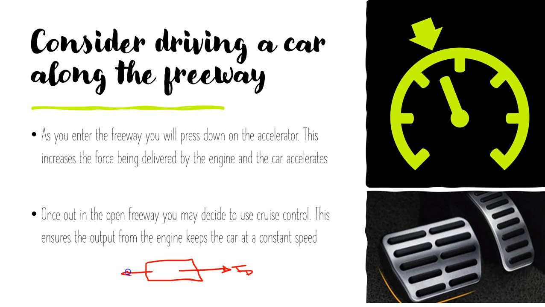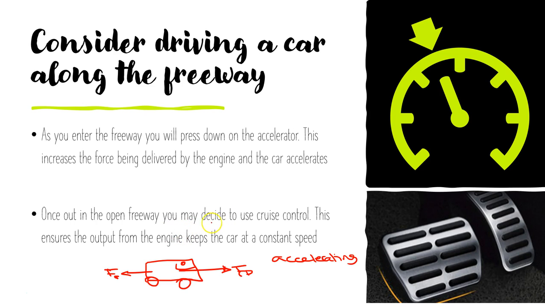We've still got friction from the road acting on our car, but we know that we're going to accelerate because we are placing extra force in the direction of movement. So our force vector for the thrust is larger than the friction force, so it's going to accelerate. Our forces are unbalanced.